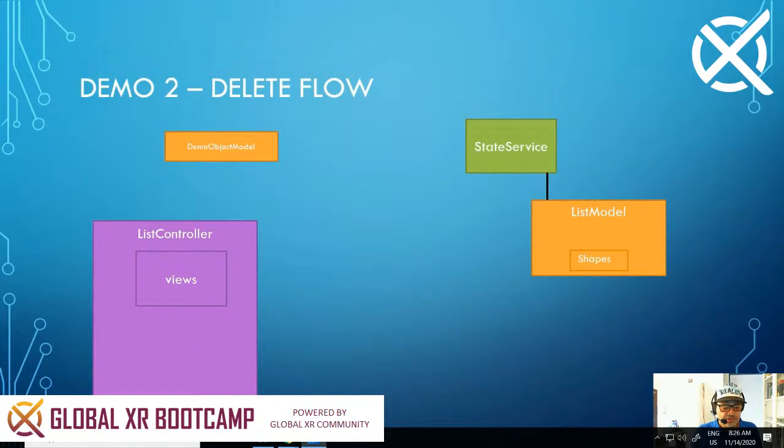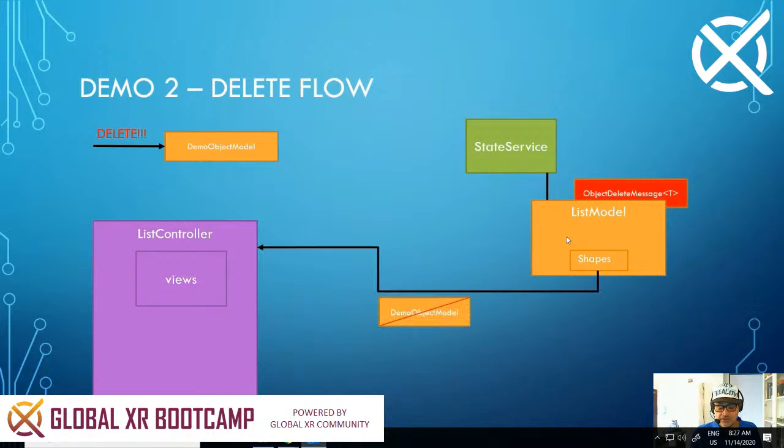Now, if you want to delete something, in this case a button, in that case a touch, calls the delete of the object model. Well, actually it calls the delete of the object controller, but let's not make things more complex. So the object model throws out an event: I want to be deleted. And that ends up with anyone who listens to it, which happens to be the list model, who deletes it from the shapes.